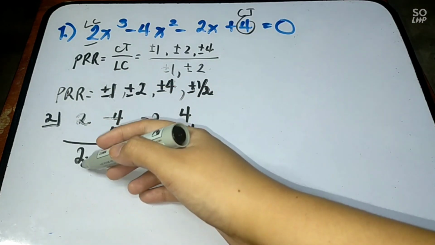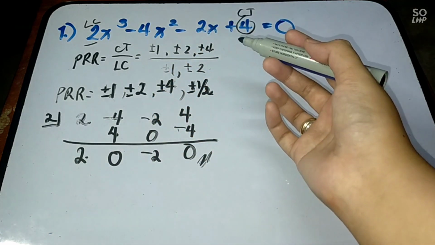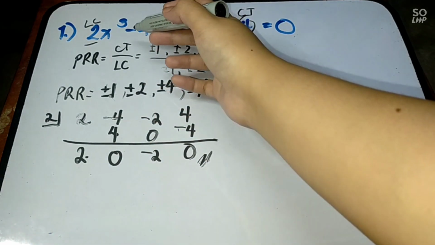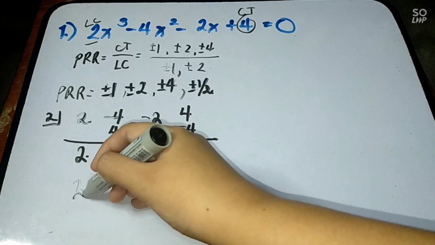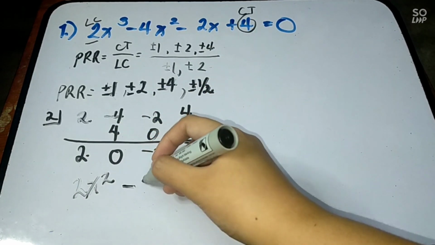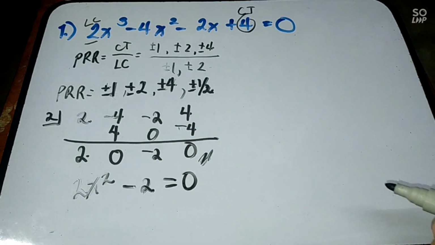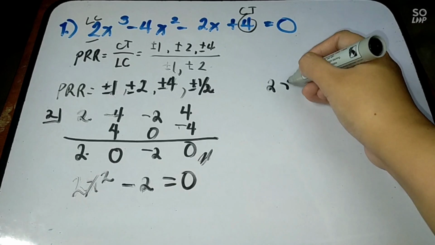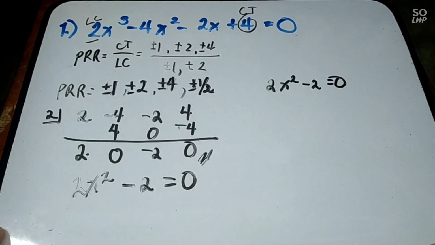Then, afterwards, change this one into equation again. So, since x cubed na to, ito magiging 2x squared. We have here 2x squared. Then, 0. Then, minus 2 is equal to 0. That is it. Then, that equation, we have here 2x squared minus 2 is equal to 0. We are going to solve for x na ulit.